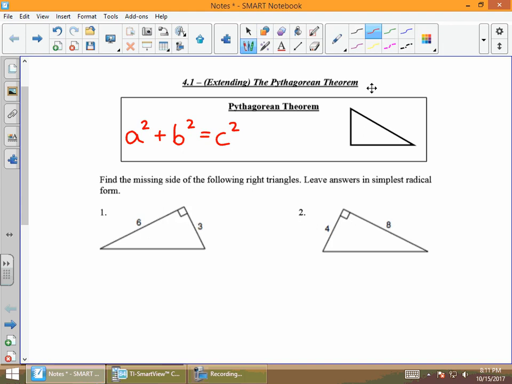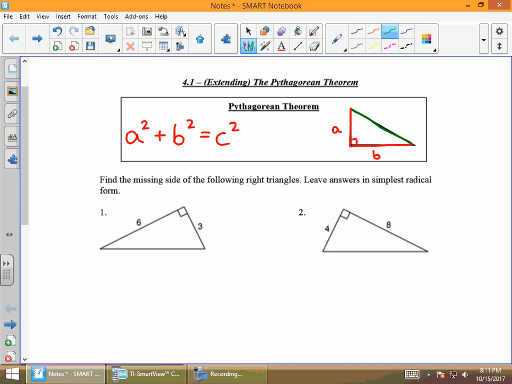The legs are the two pieces right here that make up the right angle. They're both called legs. And you can name those legs in either order, A and B. The hypotenuse, however, is the length of the longest side.